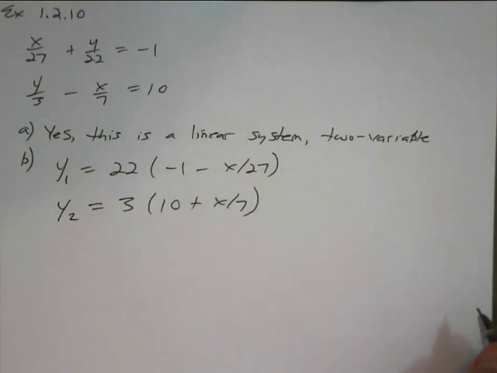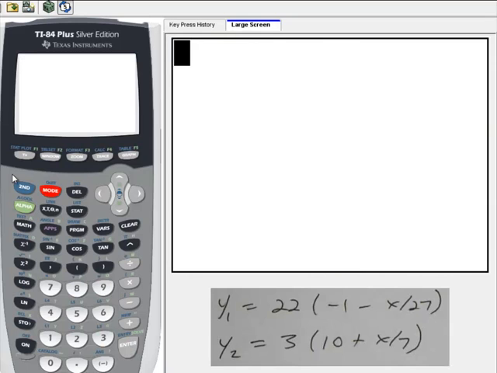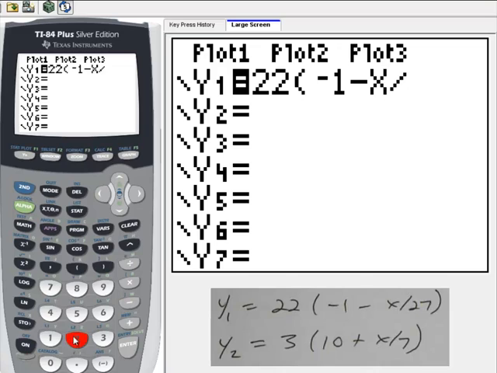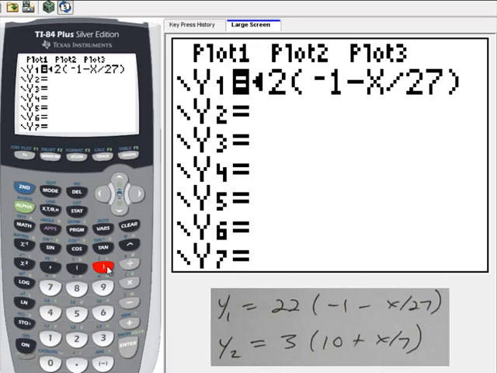Alright, we're ready to go to the calculator. At the calculator, let's go to the y equals edit screen. And for y1, we have 22 parenthesis negative 1 minus x divided by 27 parenthesis.